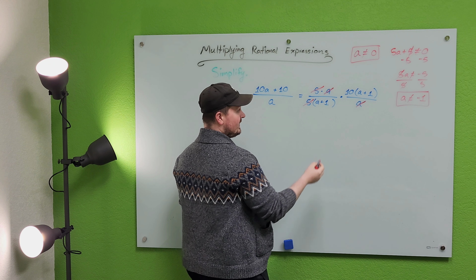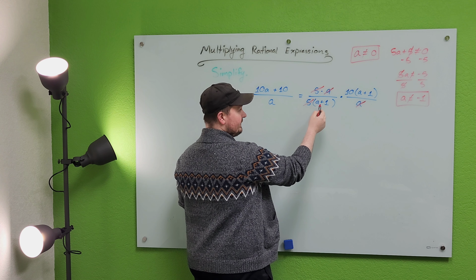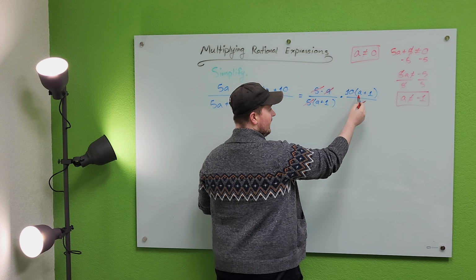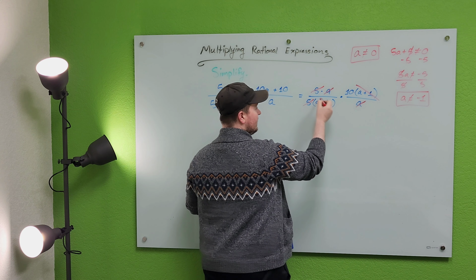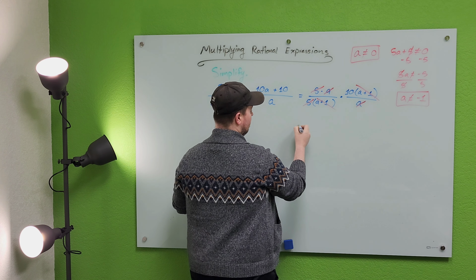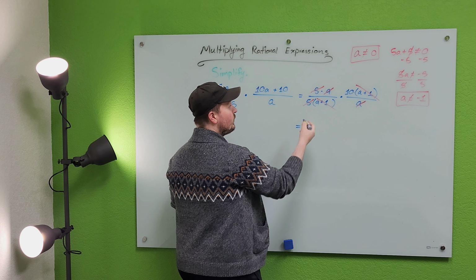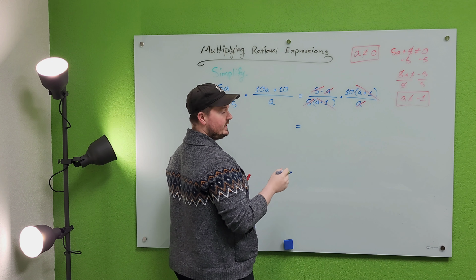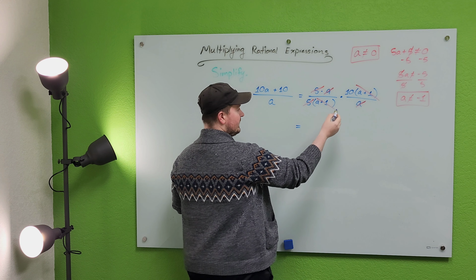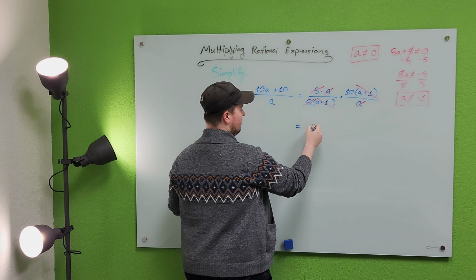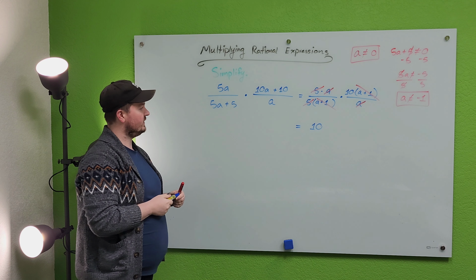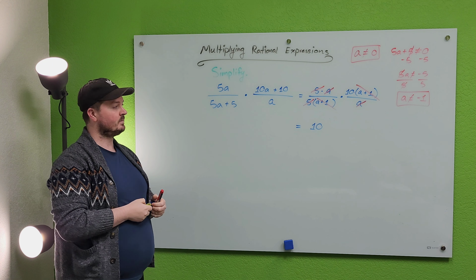And finally, the denominator has a factor of a plus 1, and the numerator has a factor of a plus 1, so those cancel. So nothing is left in the denominator. If we wanted to, we could technically say 1 is left in the denominator, but anything divided by 1 stays the same. So the only factor left is the factor 10 in the numerator. So this entire rational expression simplifies simply to 10.